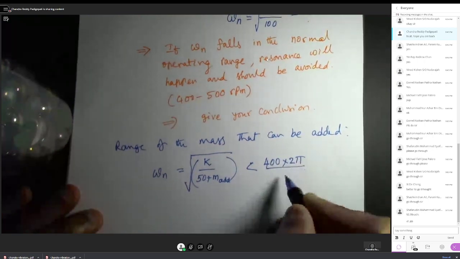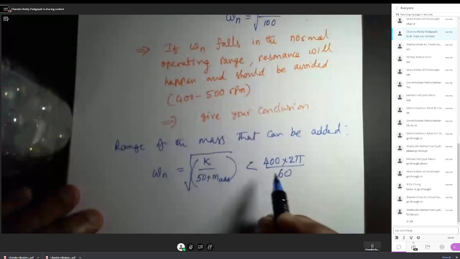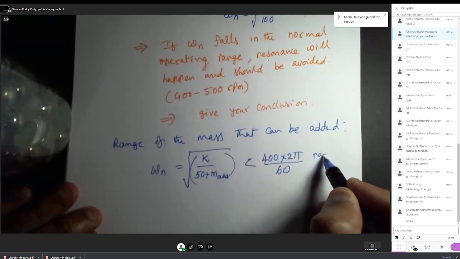So 400 into 2 pi over 60, converting into radians per second.